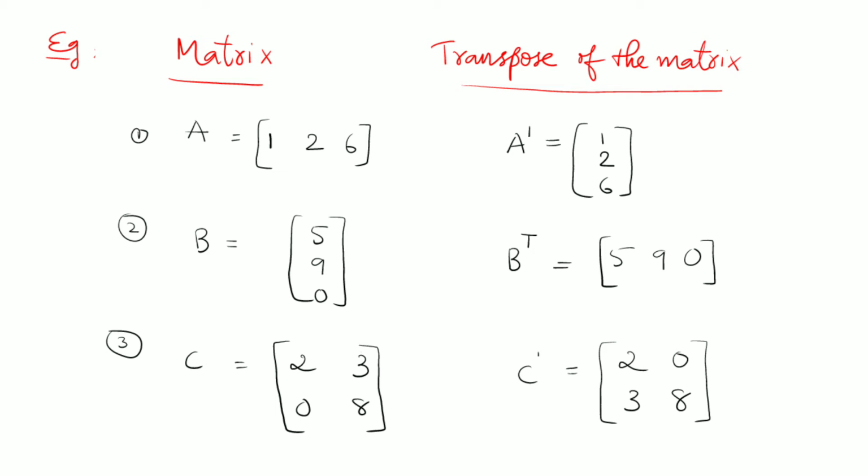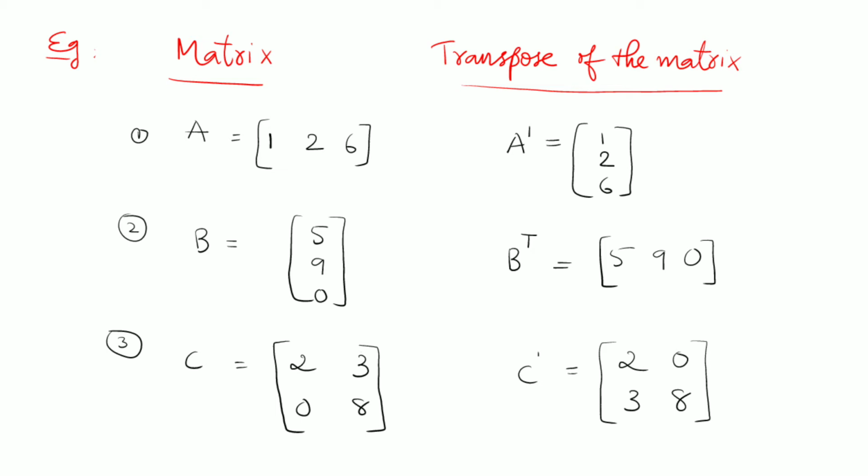The next matrix B, you have matrix 5, 9, 0, and B dash or B transpose. In this you are having 3 rows and 1 column. So this 3 rows are changed to 1 row, 5, 9, 0. Here you are having only 1 column, but in B transpose you are having 3 columns. So the order of B transpose is 1 by 3.